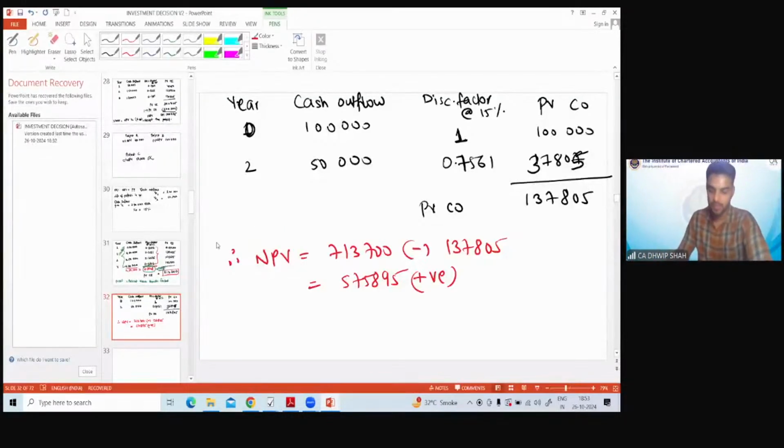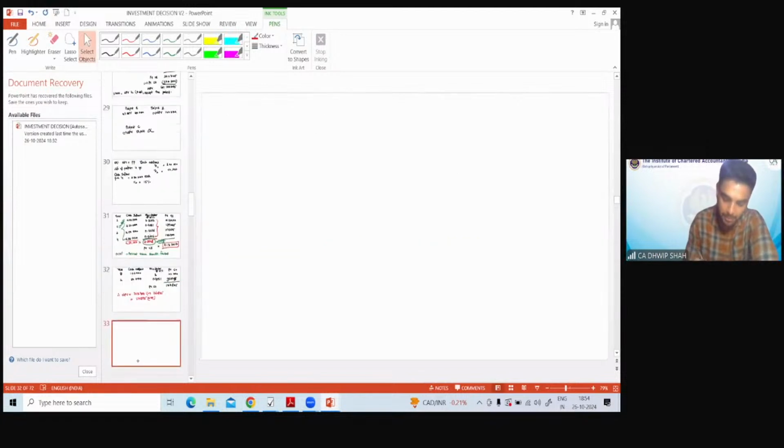Okay? Any questions? So this is a widely used technique. The NPV technique is always preferred above other techniques. Let's say in an example, they ask you to calculate using different techniques and tell you to select the best project.